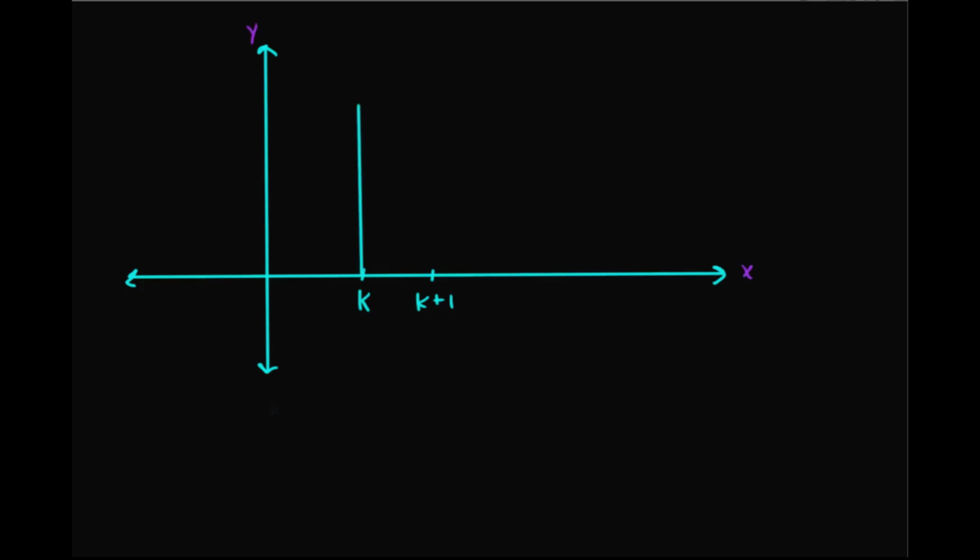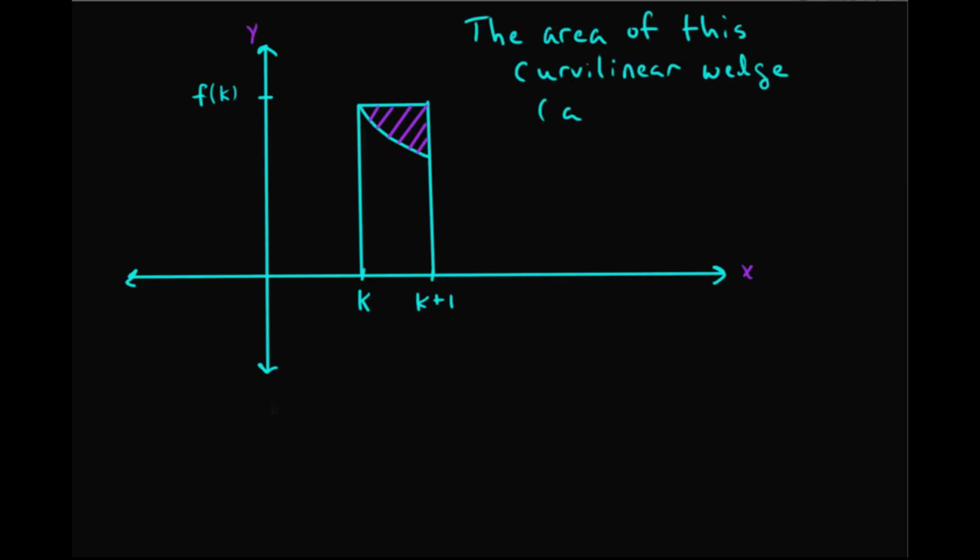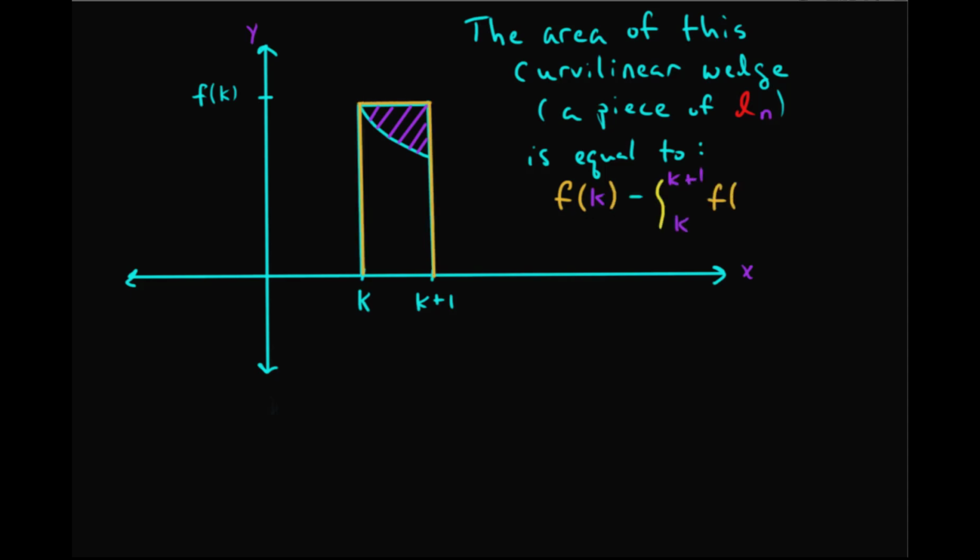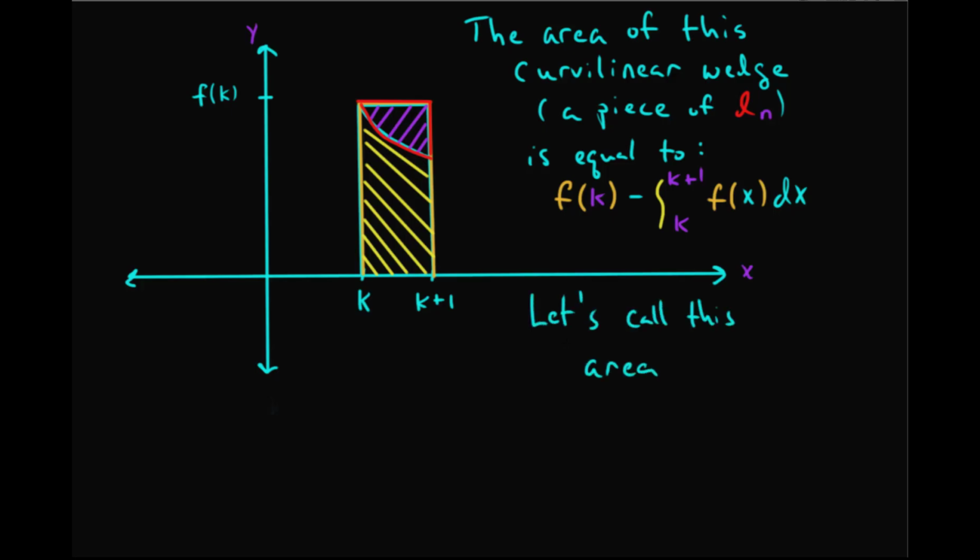Again, we have our rectangle based at x equals k. It has a height f of k. And the area that we're interested in, the area of this curvilinear wedge, which is a piece of d sub n, is equal to the value f of k minus the integral from k to k plus 1 of f of x dx. And I know I'm throwing a lot of terms at you here, but it actually helps us keep track of everything. Let's call the area of this single curvilinear wedge I of k.